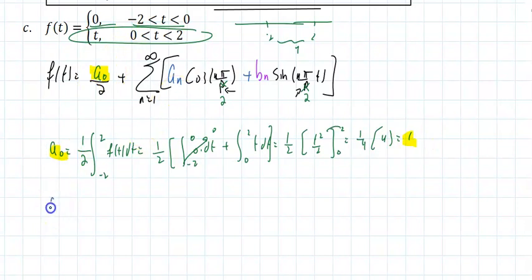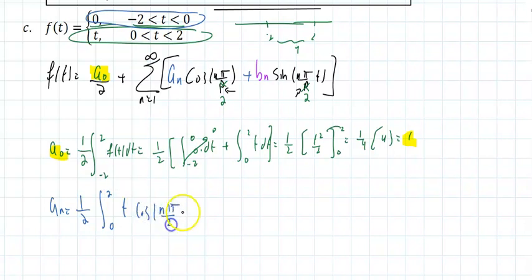Now comes the bit heavier stuff. A sub n, again, it's going to be 1 over 2, the integral. There's no need to worry about negative 2 to 0 because that's always 0. I'm just going to go from 0 to 2 of t times the cosine of n pi over 2 t dt. Well, this requires integration by parts.